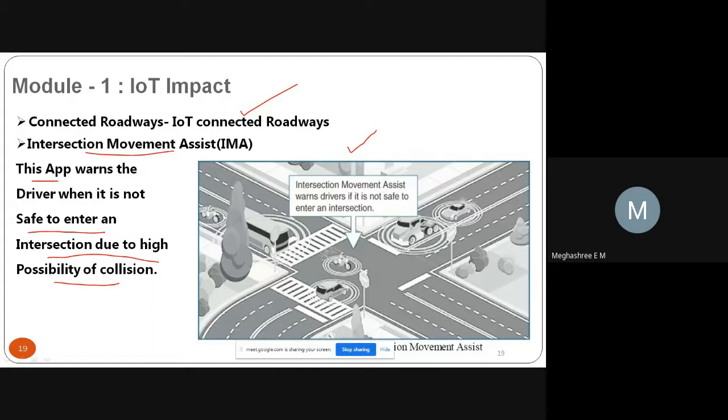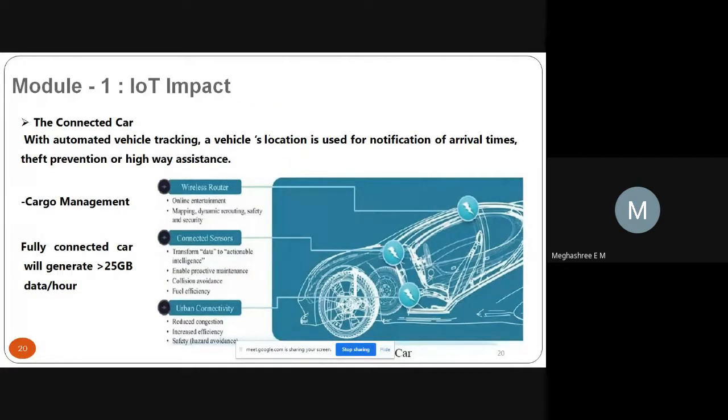This app warns the driver not to enter the intersection because it may lead to a collision. Such warnings the driver will get from this app, and this is one of the applications implemented with respect to connected roadways. Okay, and the next one is connected car.